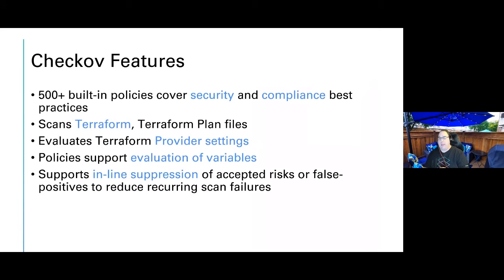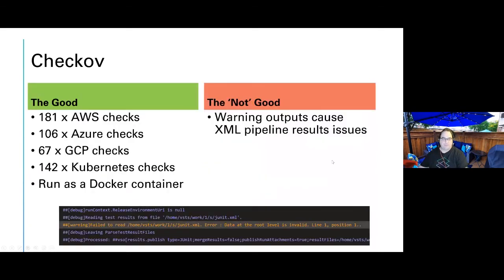I don't work for them, but they have announced the next version of Checkov, which has improved performance, hundreds of additional scans and policies built in, and so forth. They're contributing quite a lot back to the community with this tool and further enhancements, which is really great to see.